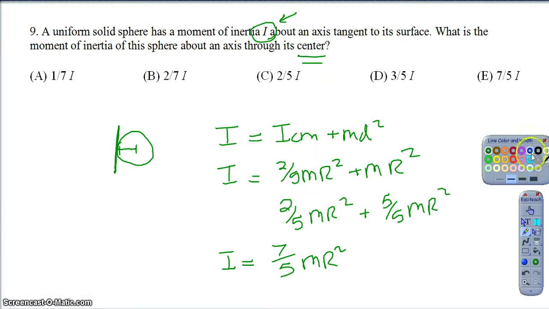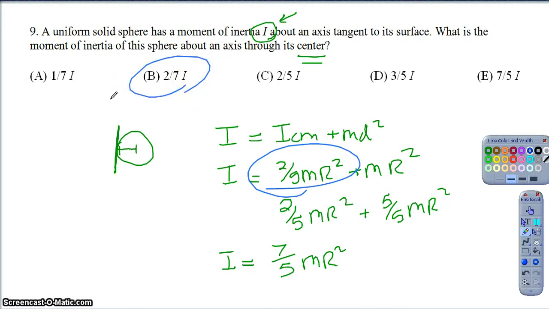Well, the moment of inertia about the center only accounts for 2/5 of the 7/5. So isn't it only counting for 2 of the 7 parts, 2 of the 7ths? And so that's where our correct answer is going to be: it's 2/7 of our I. This is accounting for 2/5, this is accounting for 5/5, and we know the total I is representative of 7/5 mr squared.